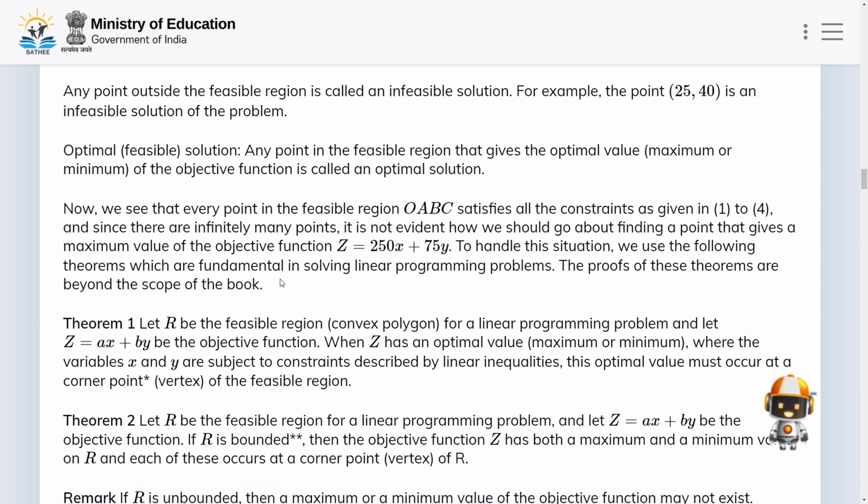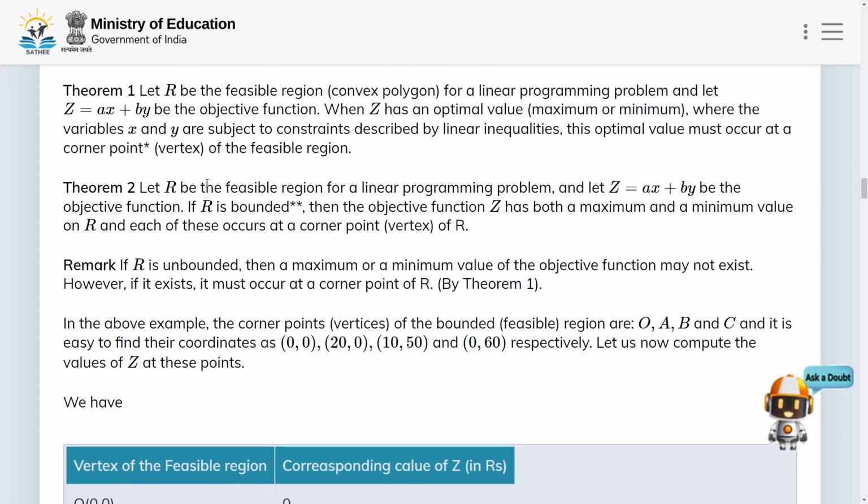Now let's see a theorem. Let R be the feasible region for a linear programming problem, and let Z be the objective function. When Z has an optimal value, that means maximum or minimum value, where the variables x and y are subject to constraints described by linear inequalities, this optimal value must occur at a corner point or vertex of the feasible region.